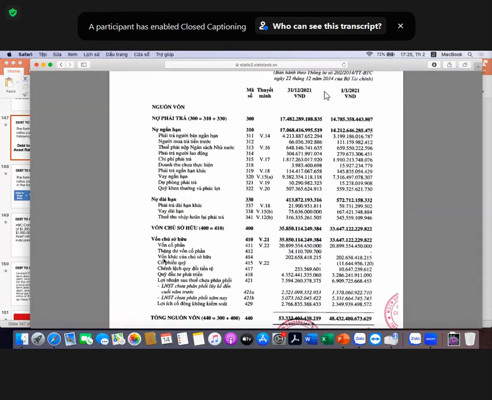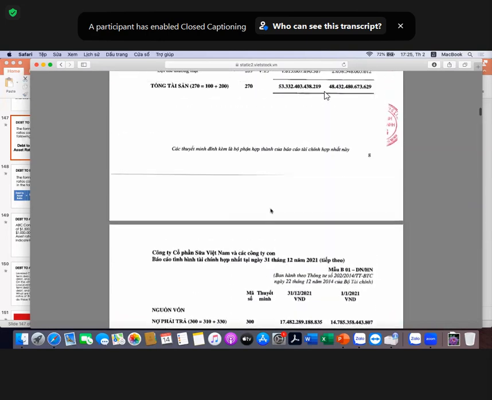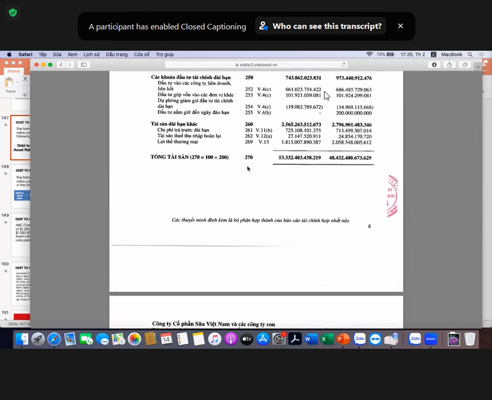Total debts, figures from 300, divided by the total assets, the figures from 270, and we will have this.